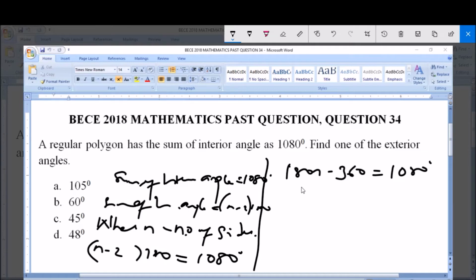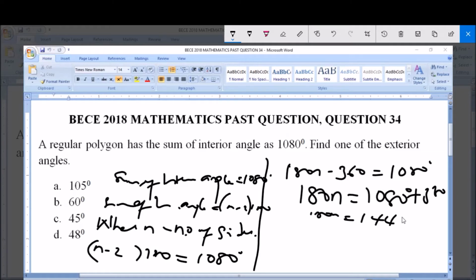So from here we collect like terms, we have that 180n is equal to 1080 degree plus 360. Now we have that 180n is equal to 1440 degree. So divide both sides by 180 to get the n.